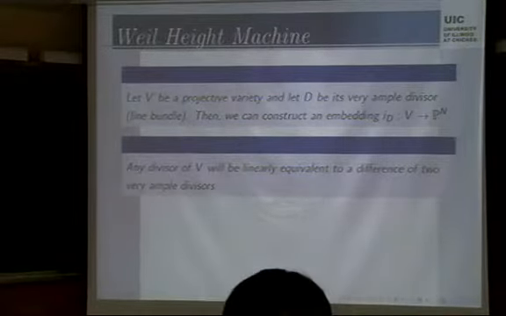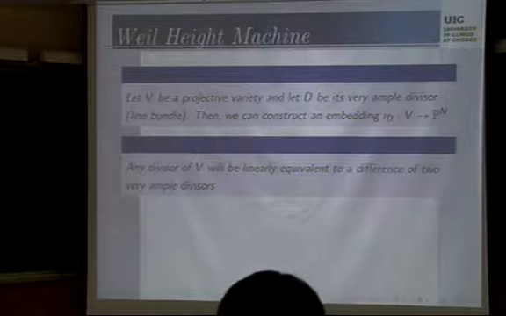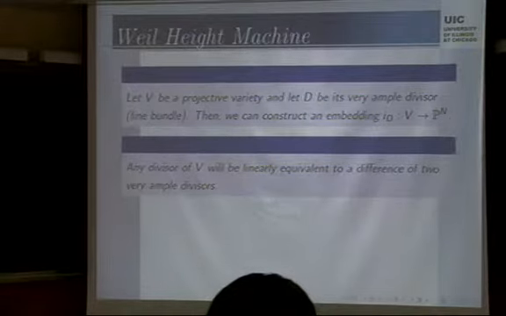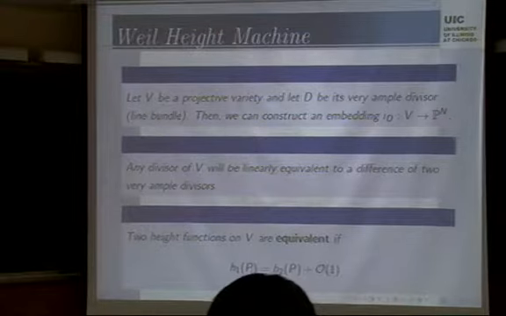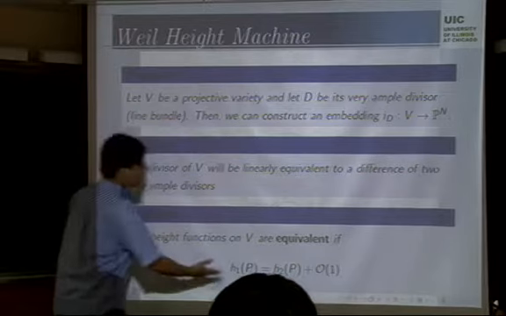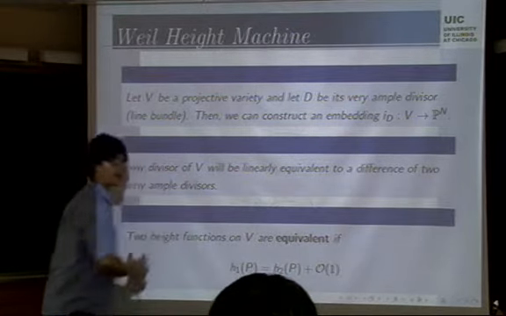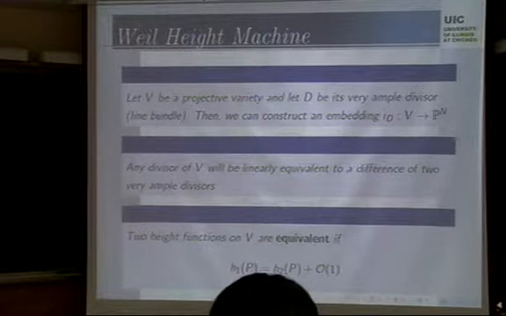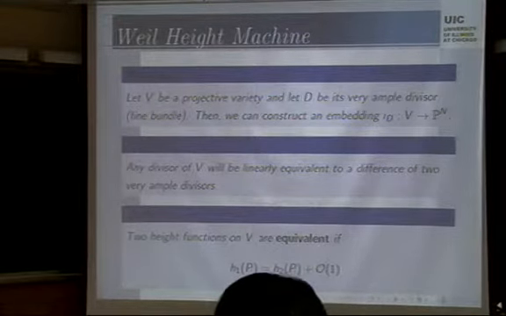Secondly, if you have any divisor on a projective variety, then that divisor is linearly equivalent to a difference of two very ample divisors. And here's one more thing. Let's say we have two functions defined on a projective variety, which are just real-valued functions. Let's say these two functions are equivalent if their difference is bounded by some function, I mean a constant.